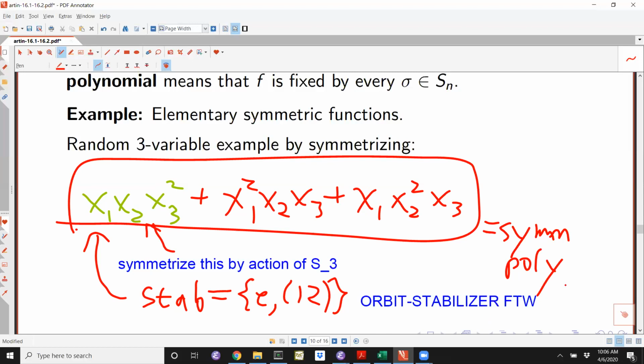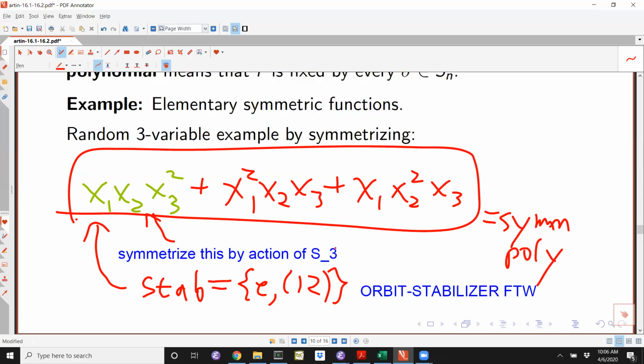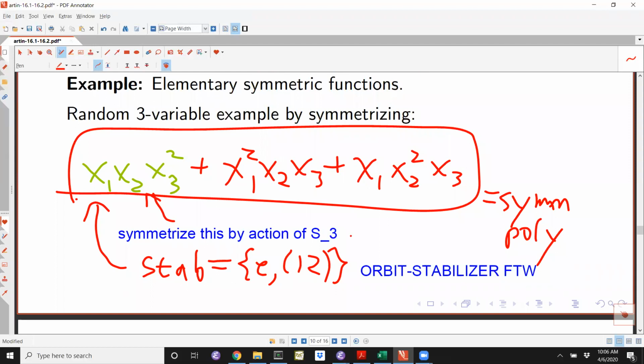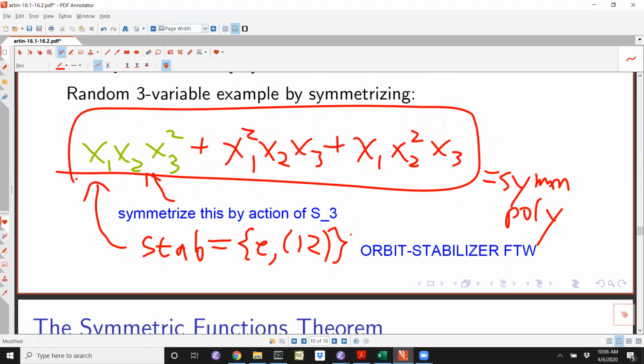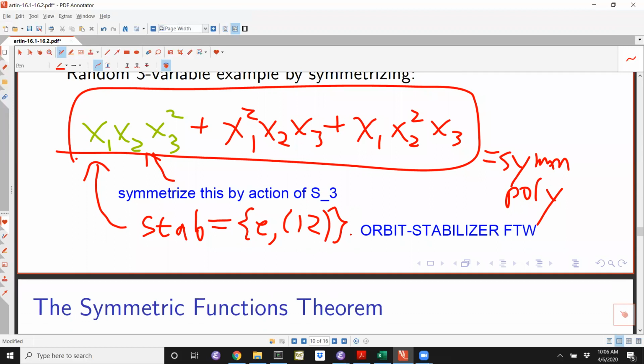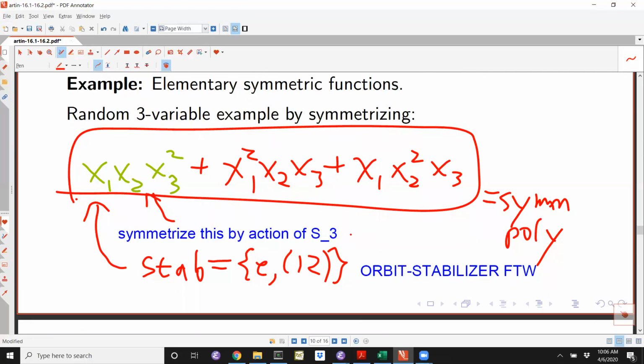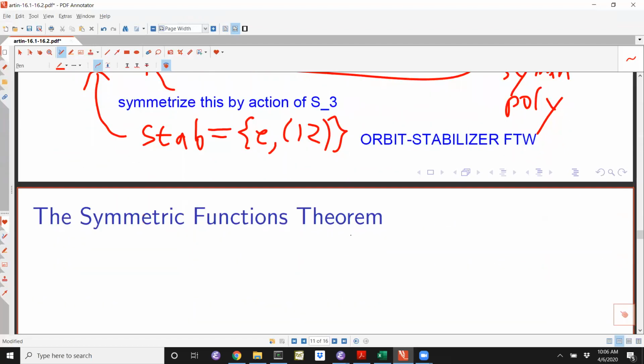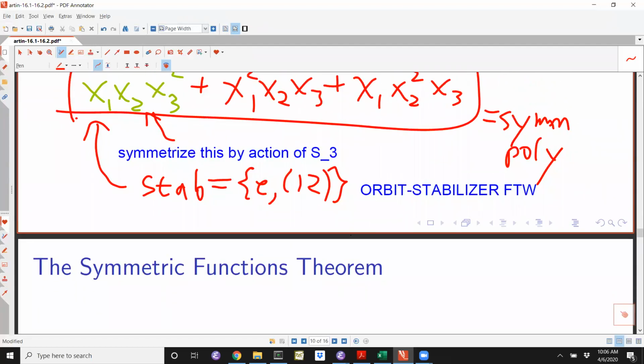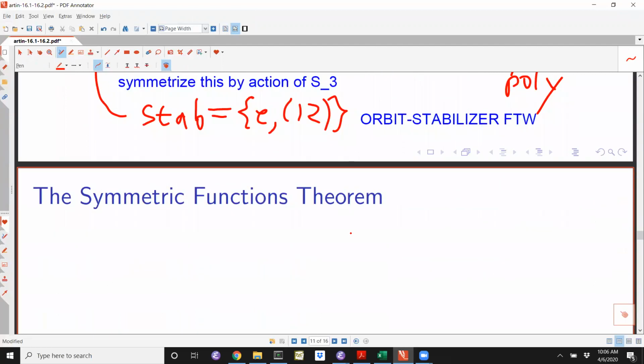I might have to do a trickier example later. Yeah, okay, anyway, so right. Well, that's fine. We'll come back to that example later.